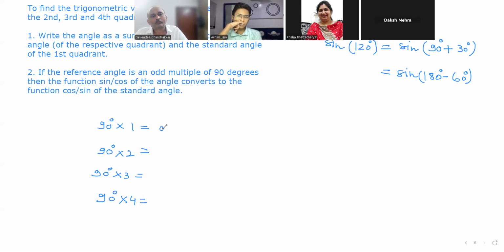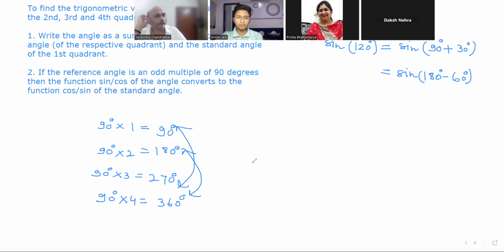So this is 90, 180, 270, and 360. Now tell me, which ones are odd multiples of 90? 1 and 3. 90 and 270 are odd multiples, and these are even multiples of 90. Yes or no? Yes, sir. Shabash. So now check.